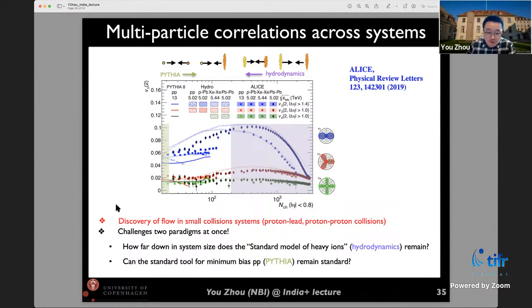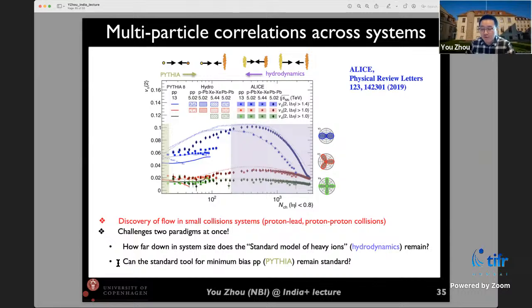And this is particularly interesting because these measurements will challenge two paradigms at once. First of all, we want to see how far down in system size our standard model for heavy ion physics, hydrodynamics, remains valid. And already from this picture, you can see the IP-Glasma, which works fairly well in heavy ion collisions, actually couldn't describe the data extremely well. It shows a decreasing trend as a function of Nch, which is different from data.